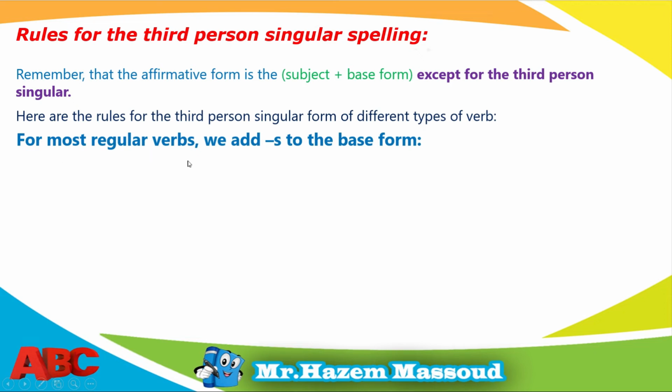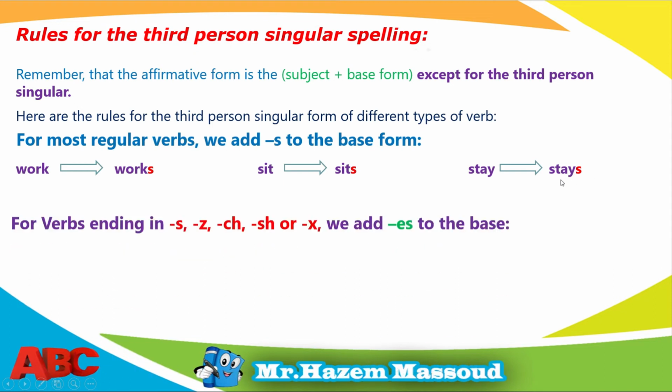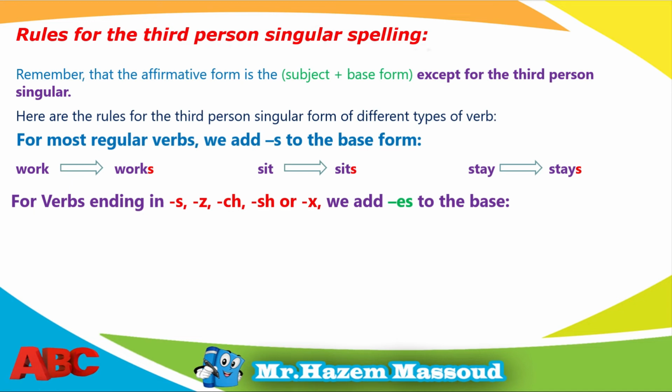First, for most regular verbs, we add s to the base form. For example, work, works. Sit, sits. Stay, stays. And for verbs ending in s, z, ch, sh, or x, we add es to the base form.